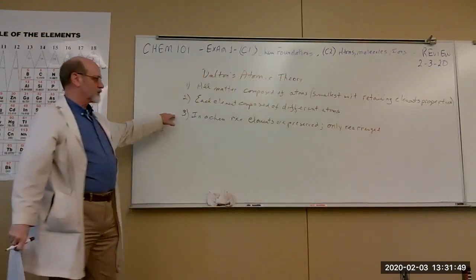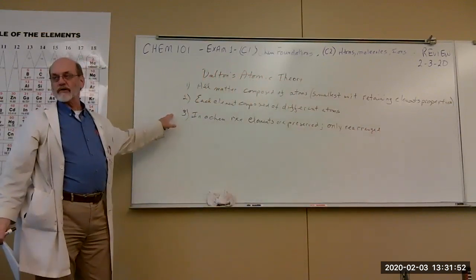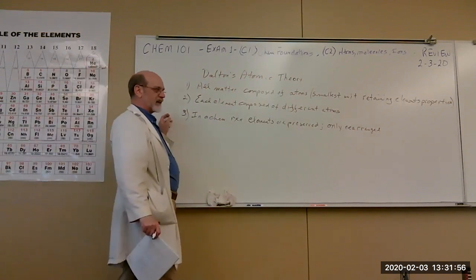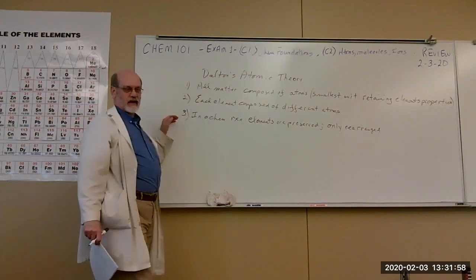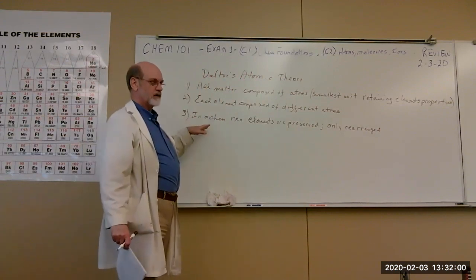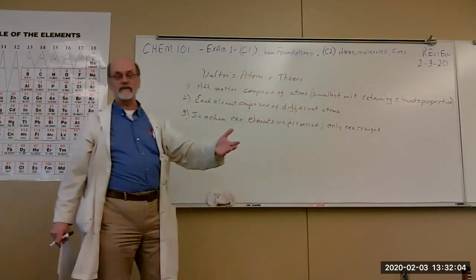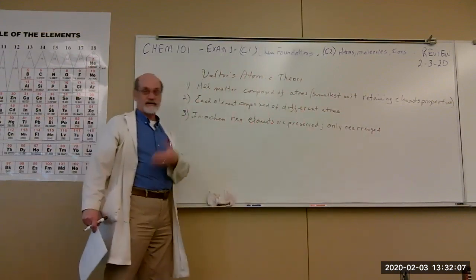So that supports Lavoisier's law of conservation of mass. Right? If you're not doing anything that changes the atoms of an element, except rearranging them, then the product that comes out has the same number of atoms as went in. That means it has the same mass.